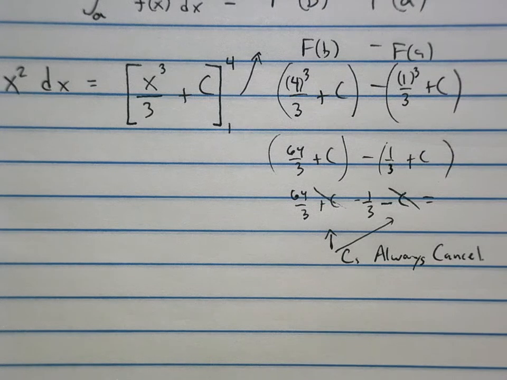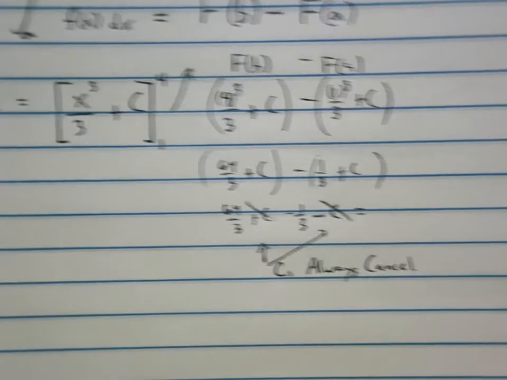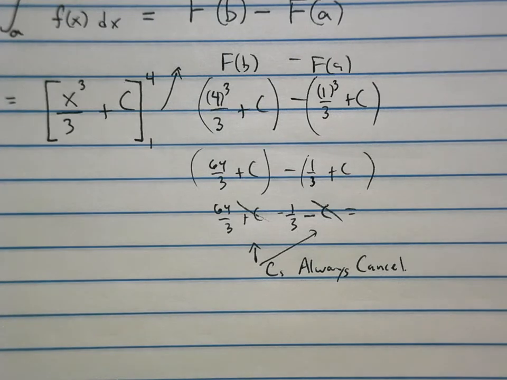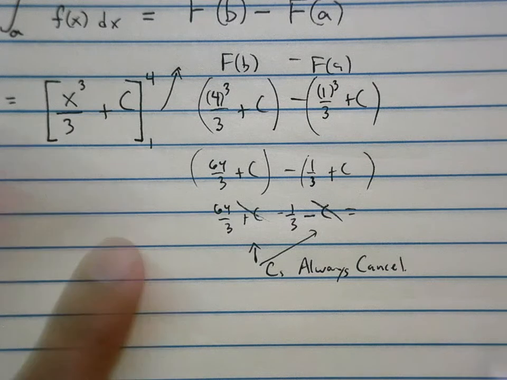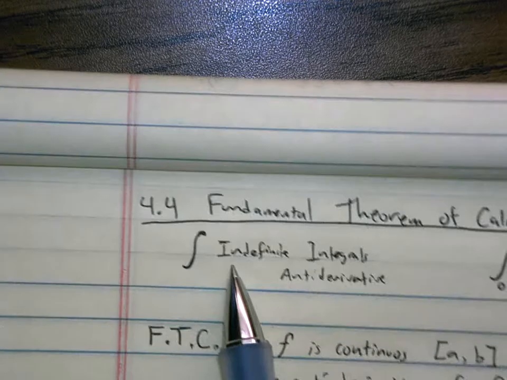Because those c's always cancel when you use the fundamental theorem of calculus, you do not have to use c as part of the integral anymore with definite integrals. But for indefinite integrals, you will still need to have the plus c. I'll say that one more time for emphasis. You need to have a c when there is an indefinite integral.